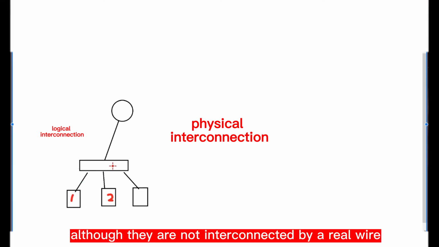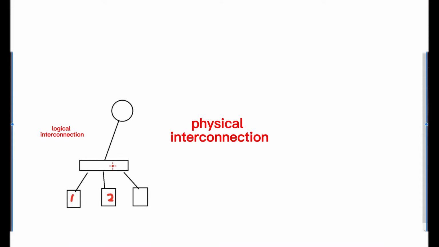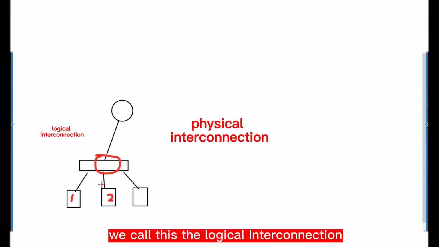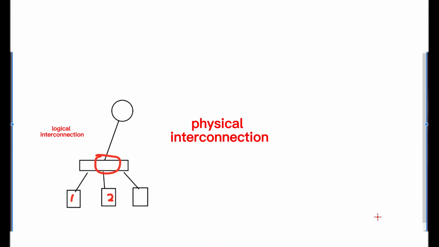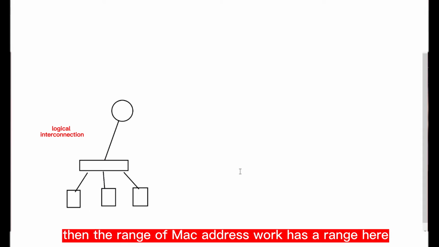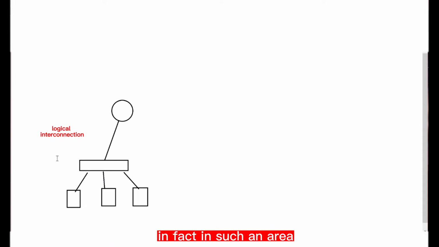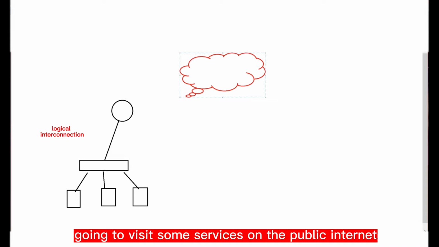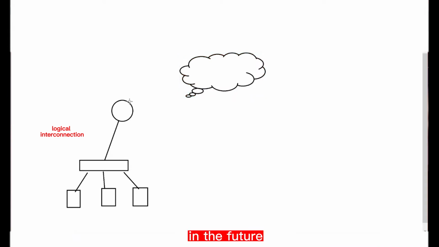Although they are not interconnected by a real wire, and the transfer is made through the intermediate switch, it's still a direct link. We call this the logical interconnection. Then the range of MAC address work is in such an area. For example, when an operator goes to visit some services on the public internet in the future.